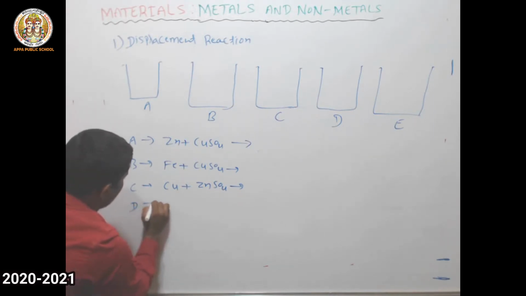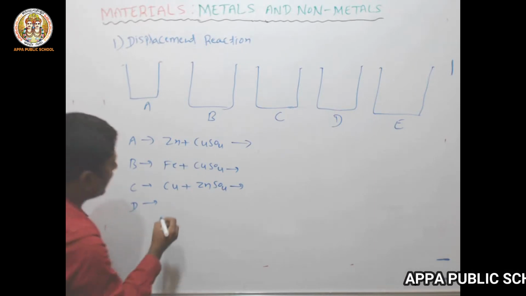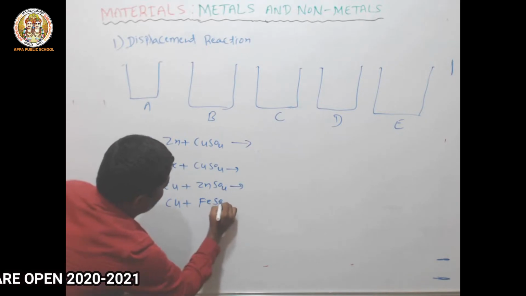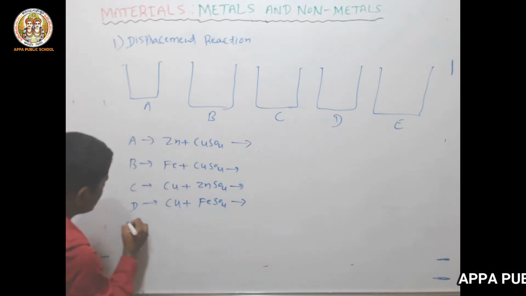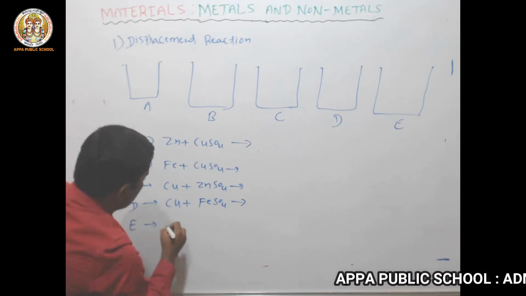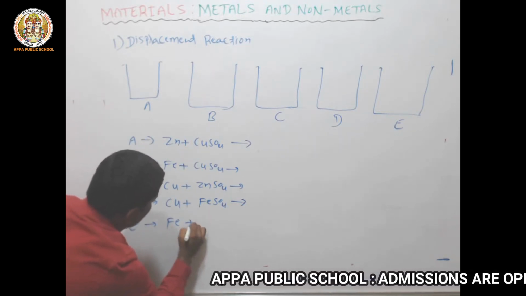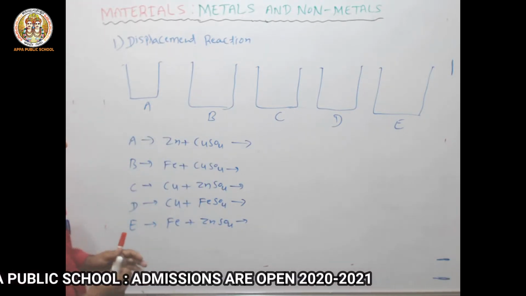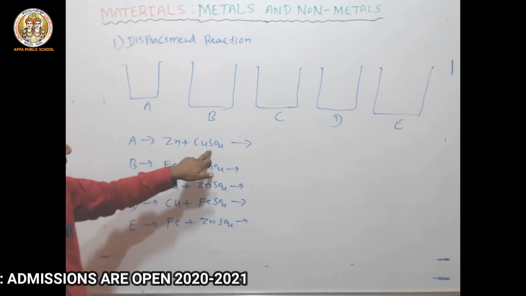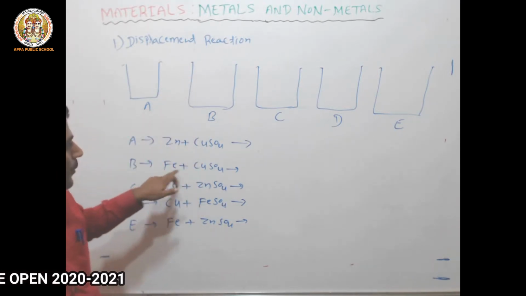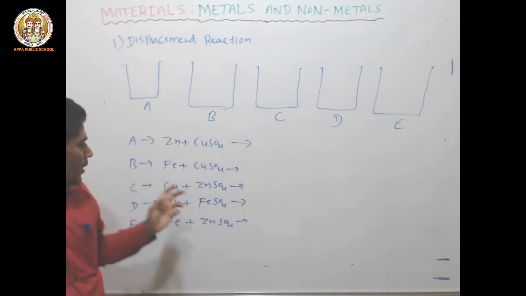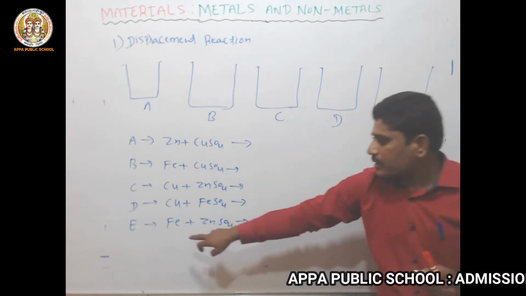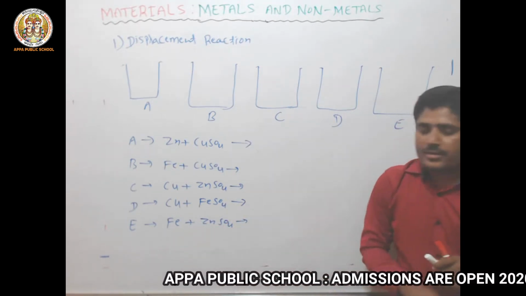Beaker D, copper plus iron sulfate. Beaker E, iron plus zinc sulfate. It means beaker A contains zinc plus copper sulfate, beaker B contains Fe plus copper sulfate, beaker C contains copper plus zinc sulfate, beaker D contains copper plus FeSO4, and beaker E contains Fe plus zinc sulfate.